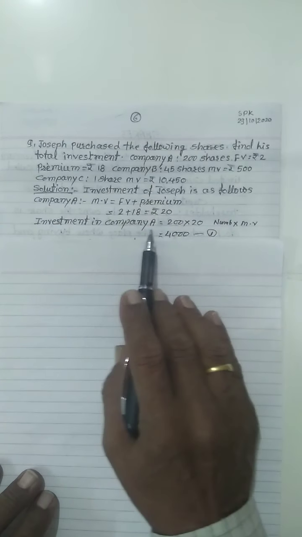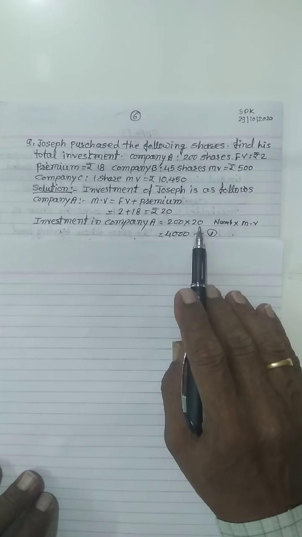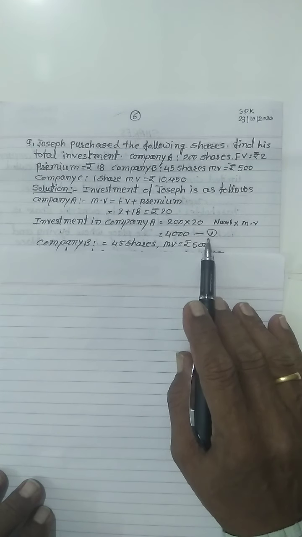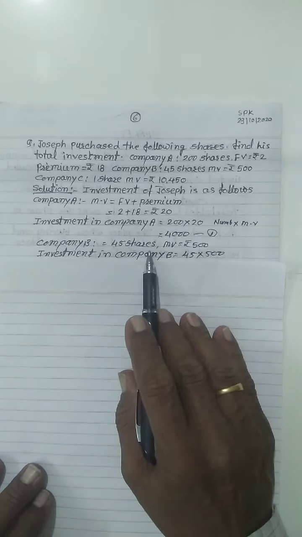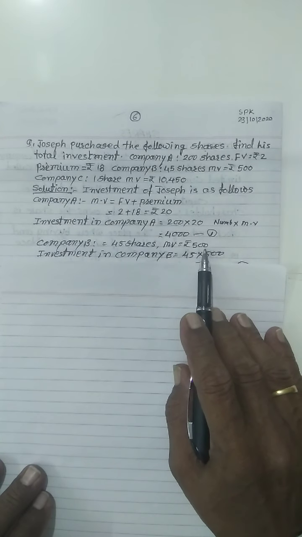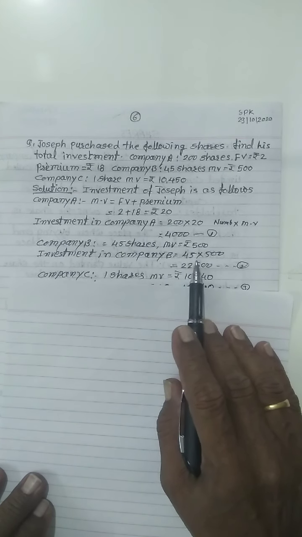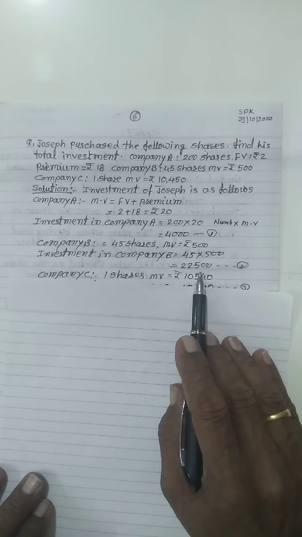So investment in company A equals number of shares into market value of the share. We get here 4,000 rupees. Now company B, 45 shares are there, market value is 500, so the investment in company B equals 45 into 500, we get here 22,500.